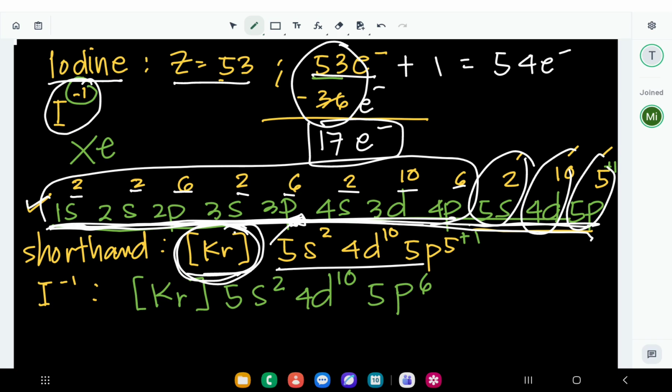But now we need to write the shorthand electron configuration of the iodine ion. The iodine ion has a charge of -1, so again it gains an electron. That means we add 1 electron to the original number of electrons, which is 53. So the shorthand notation would become 5s2, 4d10, 5p6 instead of 5p5.